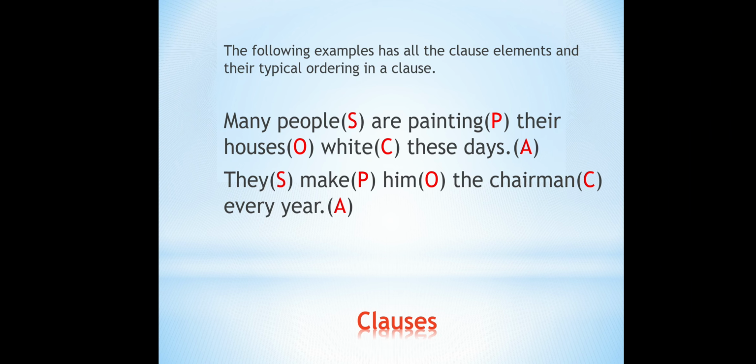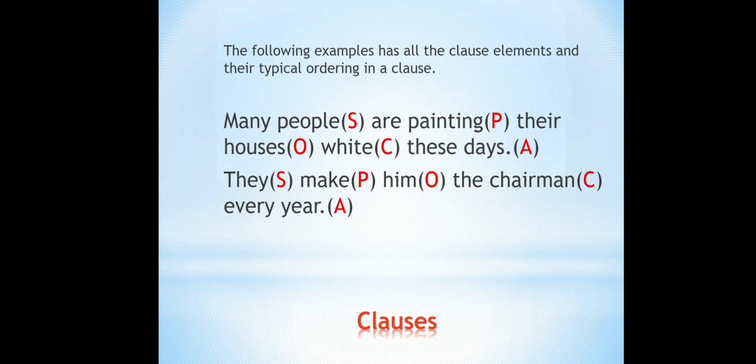This example has all the clause elements according to their importance. Many people is a subject, are painting predicator, their houses object, white complement, and these days is an adverbial.